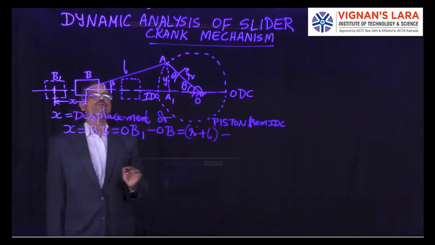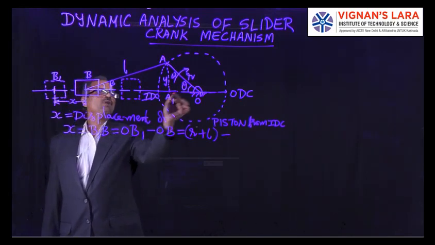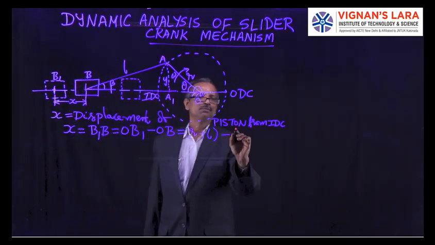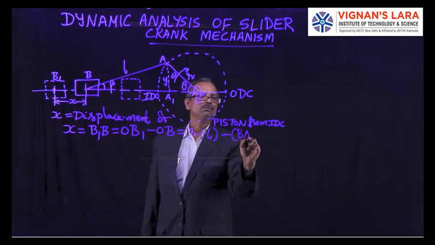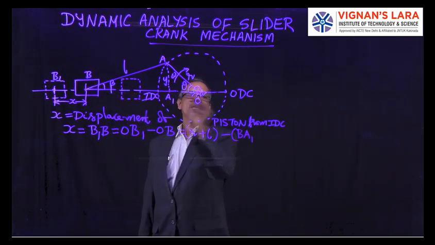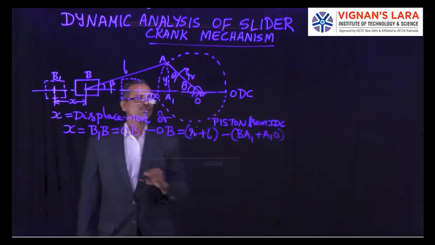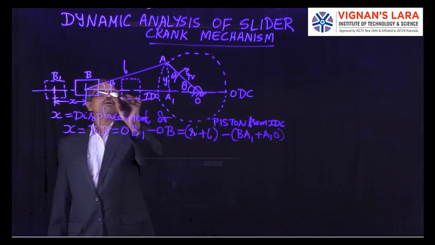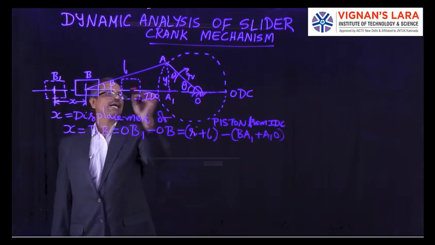How can we write OB? OB can be written as BA1 plus A1O. So what is BA1? Look at this triangle A1B.